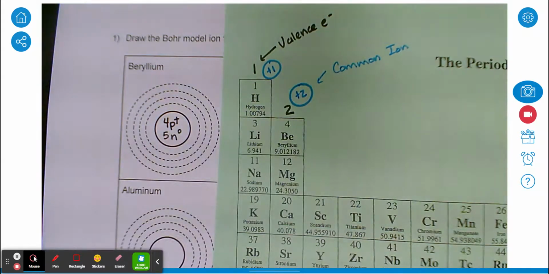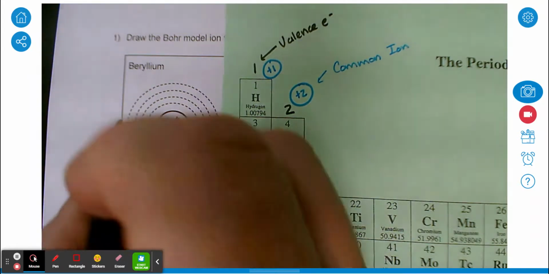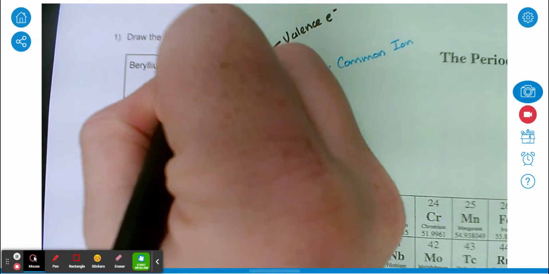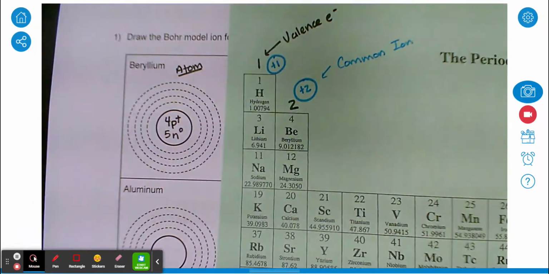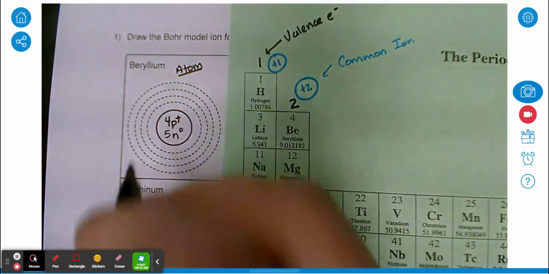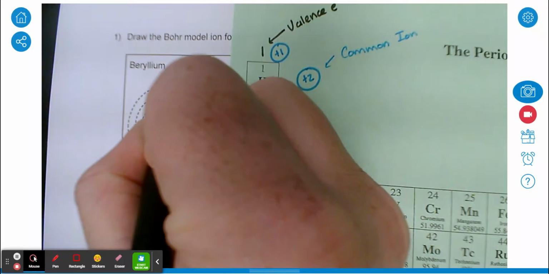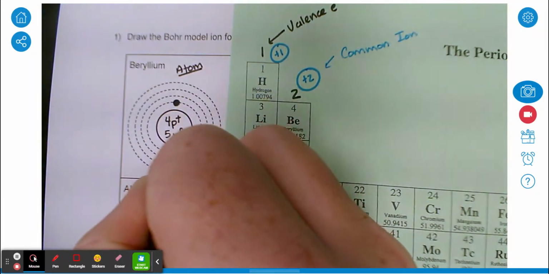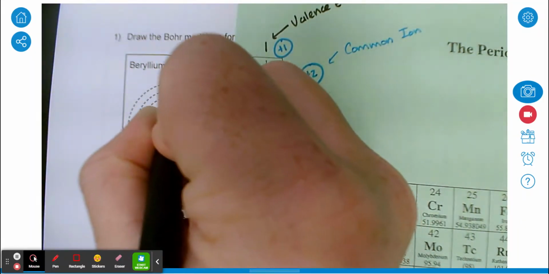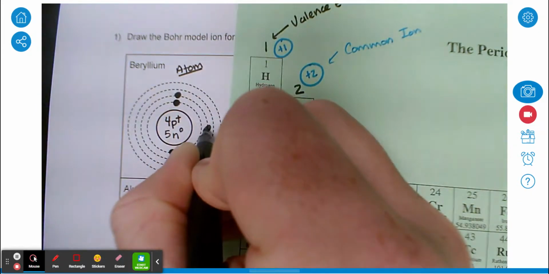We should be really good at that. Now, we always start with the atom first. So a neutral atom contains equal amounts of protons and electrons. So beryllium starts with 4 protons, so therefore it starts with 4 electrons: 2 in the first shell and 2 in the second shell.